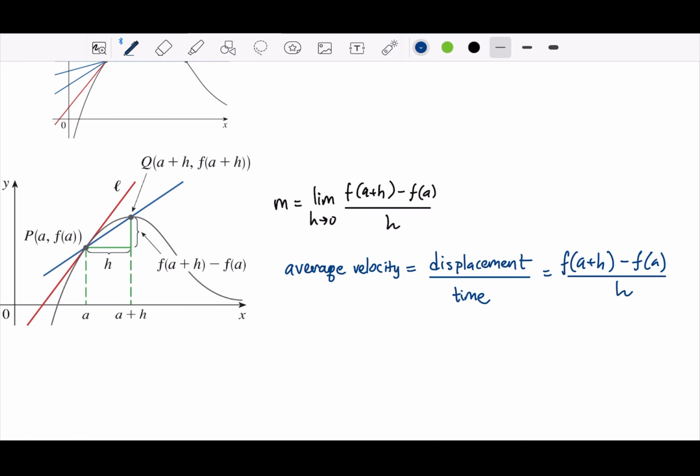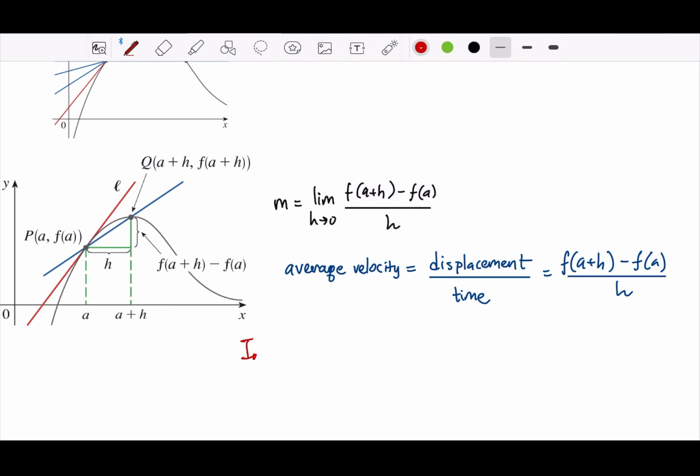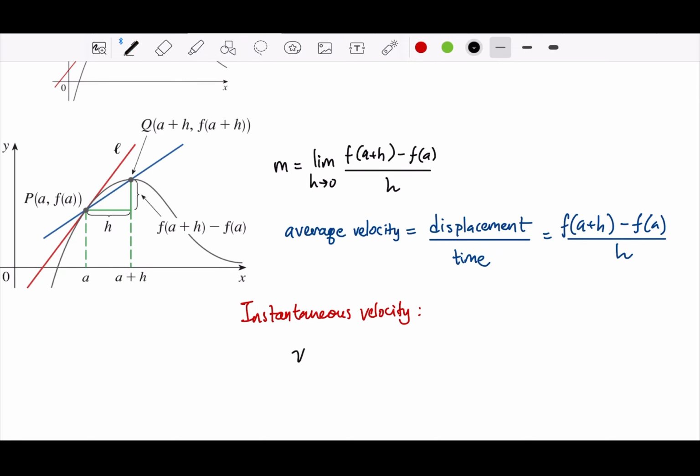We can imagine this being a physics problem. If we say we have average velocity, then the m is our instantaneous velocity. So we are going to have instantaneous velocity, or let me write it as a limit.